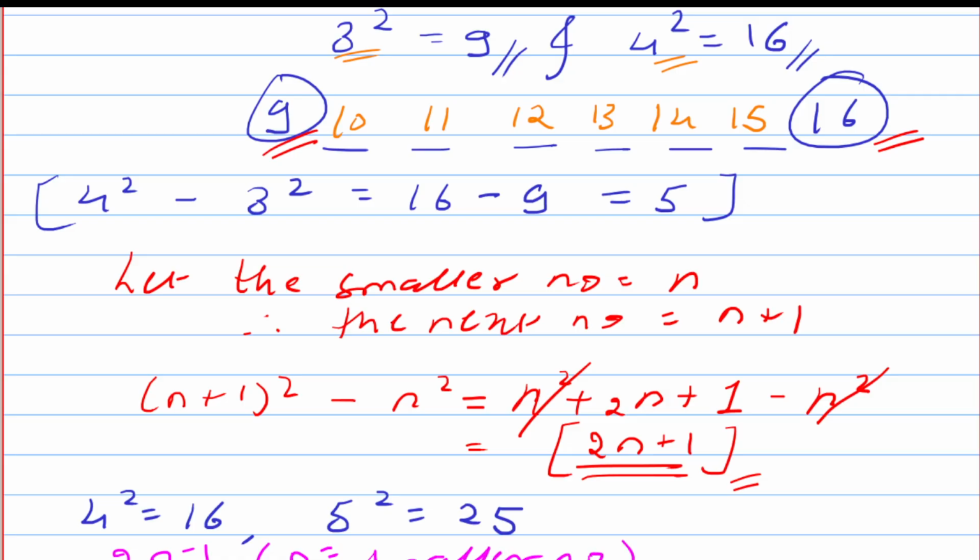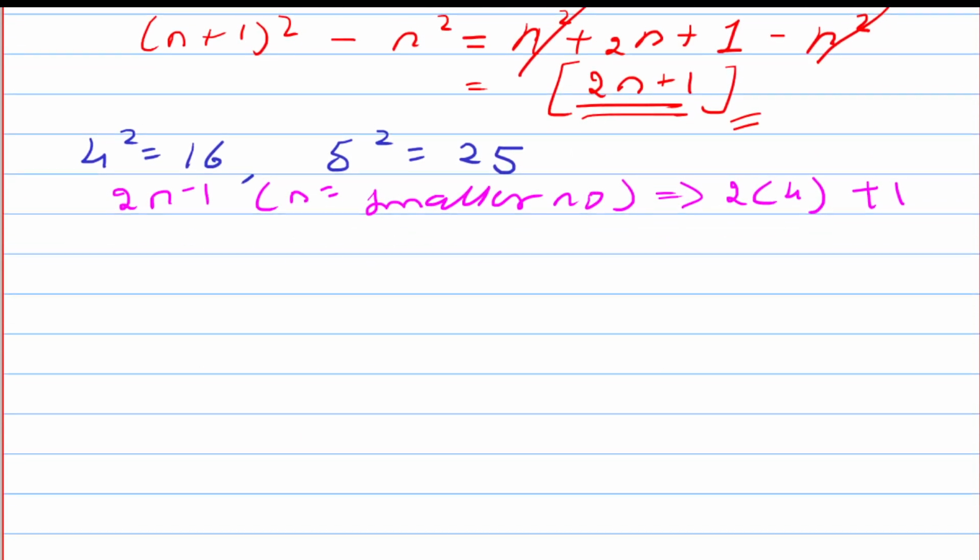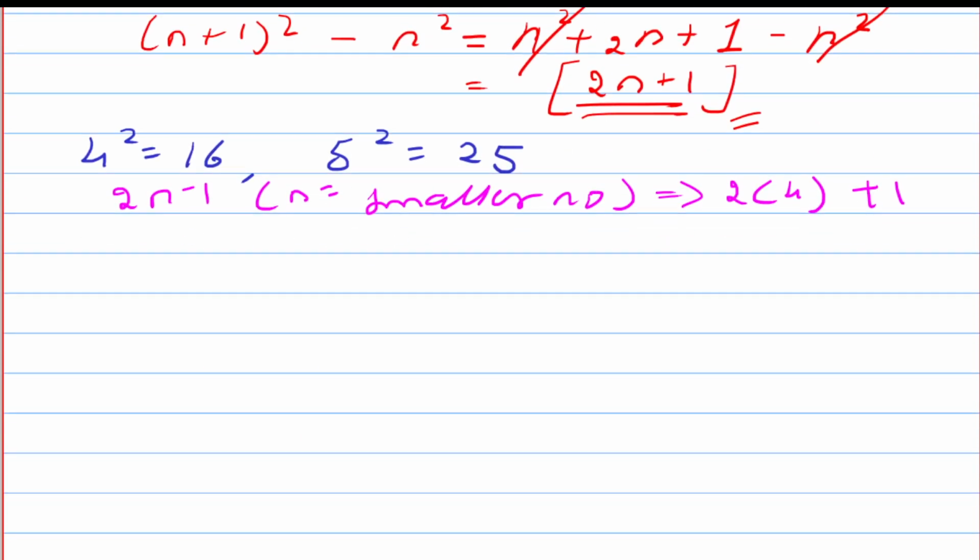In our case, 4 is smaller, right? So 2 into 4 plus 1, that gives me 8 plus 1, and that's 9. So there should be 9 numbers between 16 and 25.